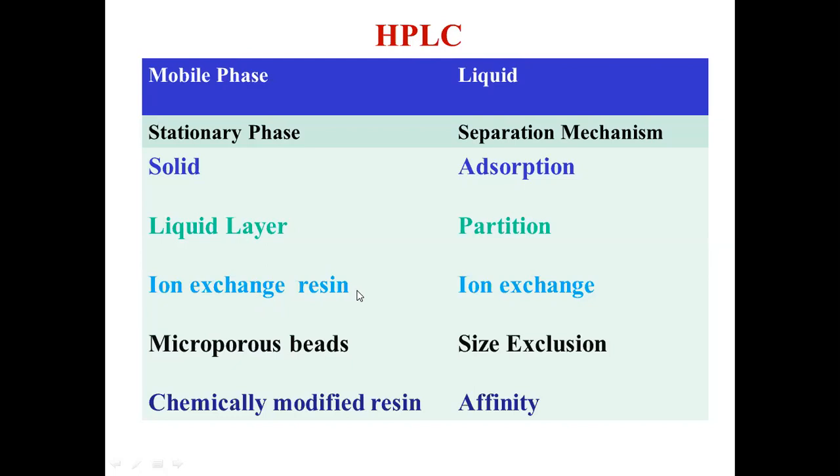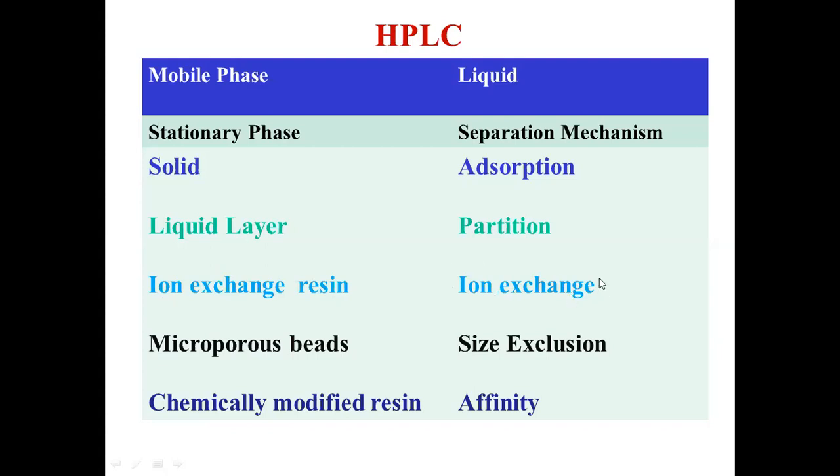Means, if a cation exchange resin you are using, the cation will be the free ion, and if an anion exchange resin is used, the anion will be the free ion. So cation or anion can be replaced in place of the cation or anion of the ion exchange resin. So the process is known as ion exchange. The cation present in the solute is going to exchange the cation of the ion exchange resin, and that is called cation exchange equilibrium.